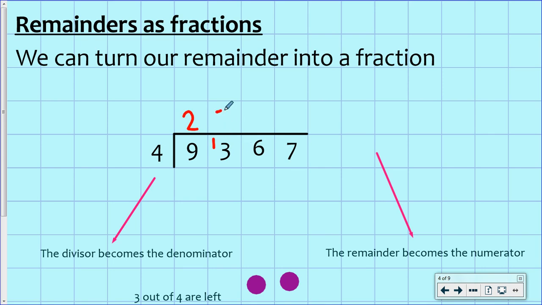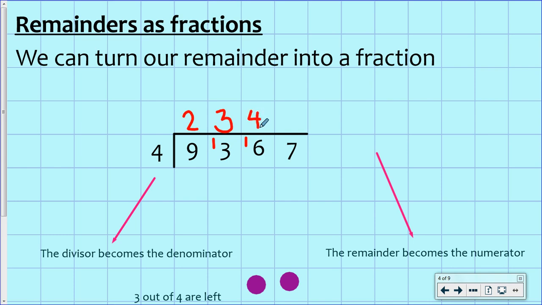I can get 3 full groups of 4, but again, I've got 1 left over, so I'm going to exchange that over to the tens. 16 divided by 4. 4, 8, 12, 16. That goes in 4 times perfectly.